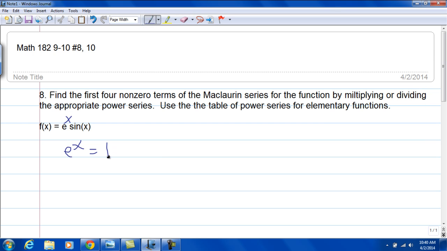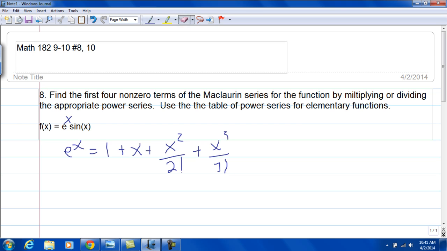1 plus x squared over 2, or 2 factorial, which is 2, plus x cubed over 3 factorial, which is 6, of course, plus x to the 4th over 4 factorial, plus dot dot dot.